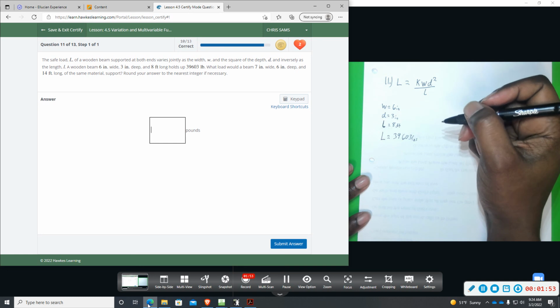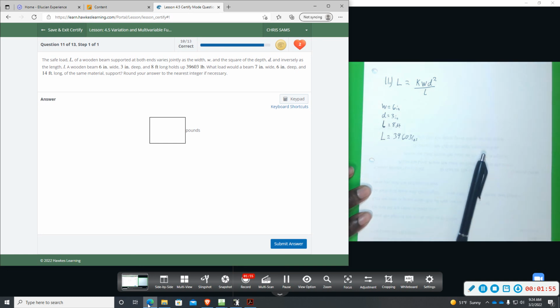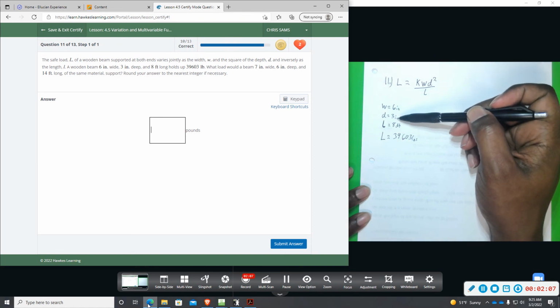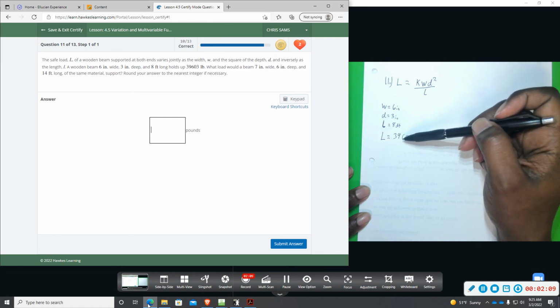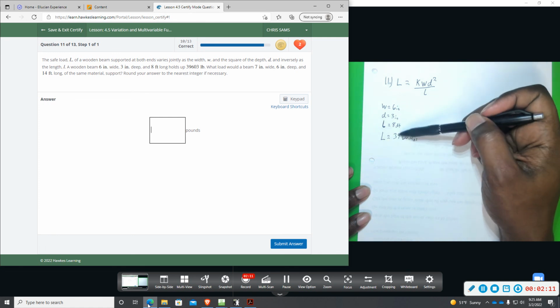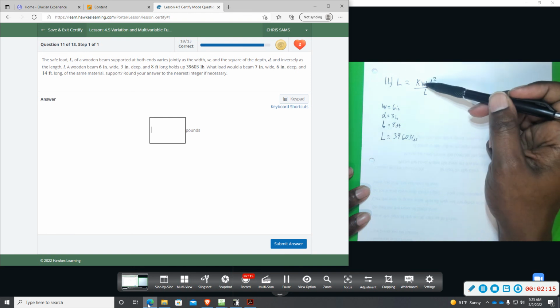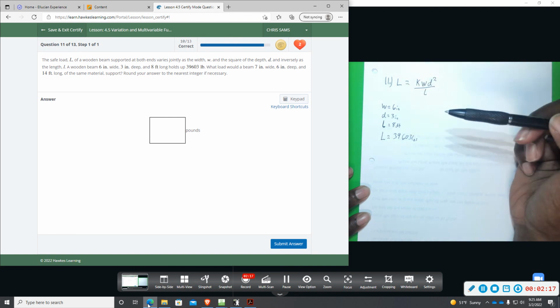We want to know what load would a beam 7 inches wide, 6 inches deep, 14 feet long of the same material support. Okay, so since the new values are in the same units, we don't have to do any kind of conversions, even though they're different. We're just going to plug these in, solve for K, use that value of K to solve for a new load.